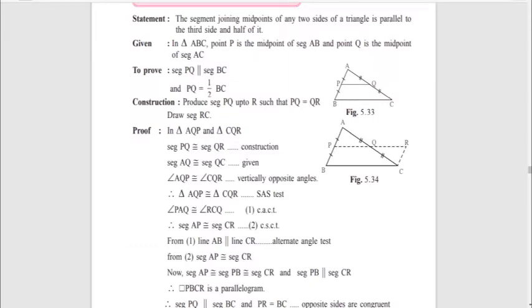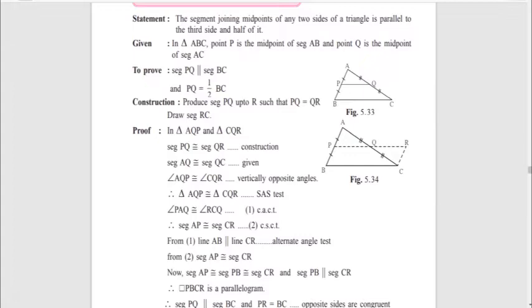Given in triangle ABC, point P is the midpoint of segment AB and point Q is the midpoint of segment AC. You have to prove segment PQ is parallel to segment BC and PQ is equal to half of BC. Here the two sides are AB and AC and the third side is taken to be BC.